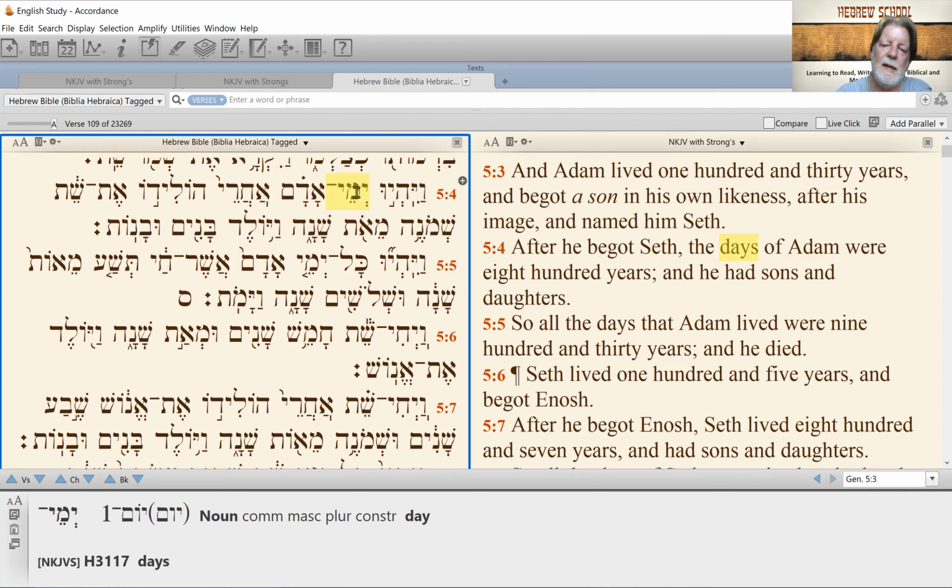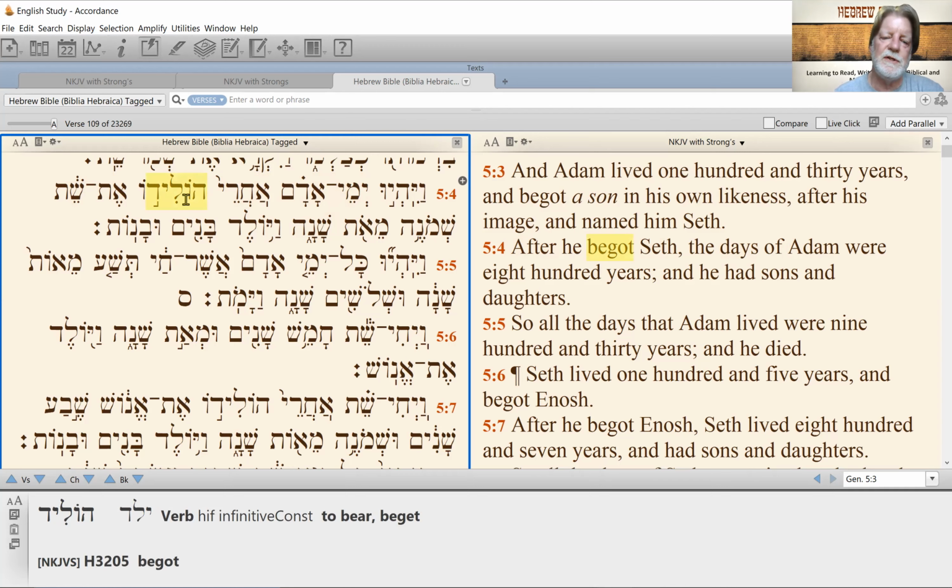So this is a construct form. What did we call these? Construct chain. So the days of Adam, the one man, the individual Adam, the days of Adam, ahare, after, holid, he caused to be born et Shet, after Adam caused to be born Shet.